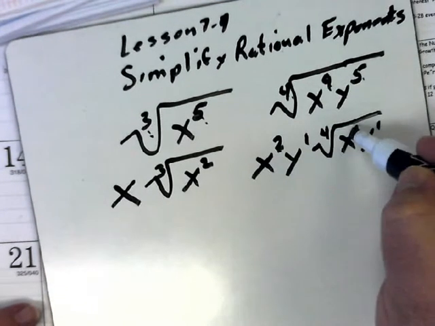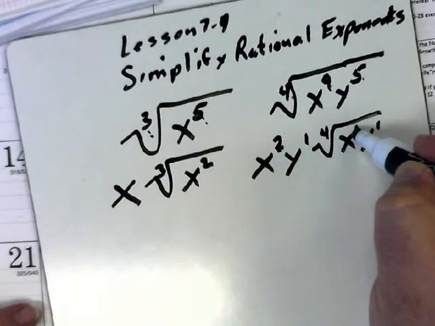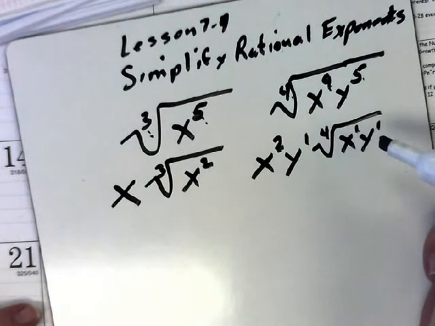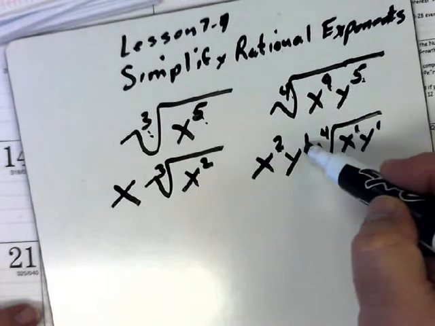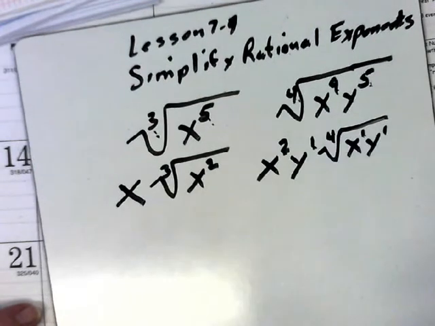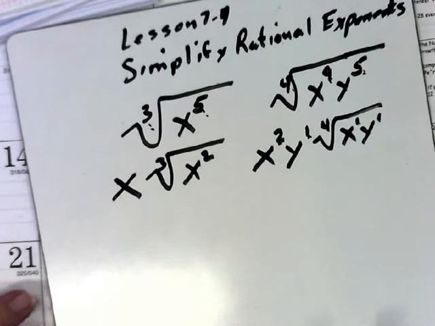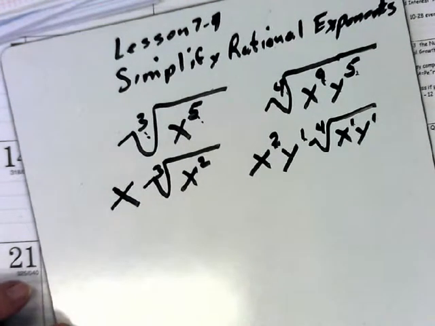And I'm left over with 1. And 4 went into 5 once with 1 left over. Right? Okay? So do you not even mess with the thing that's inside, like the y part of it? Nope.